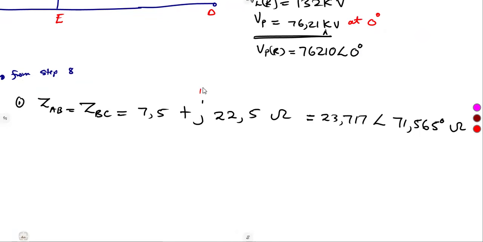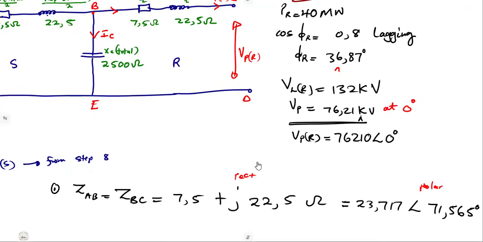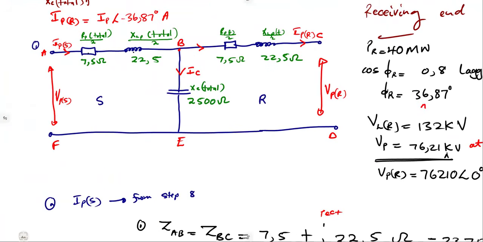That's when you need to convert. It is best that you already convert the two, one to polar, one to rectangular. So that is it about the impedances AB and BC. We also have the impedance between B and E, which is purely capacitive.